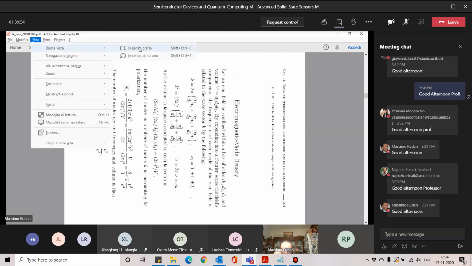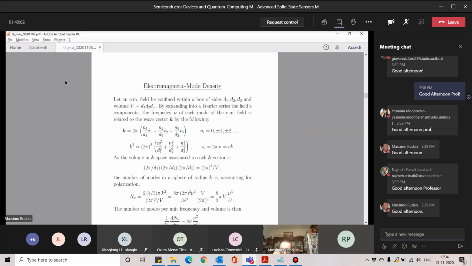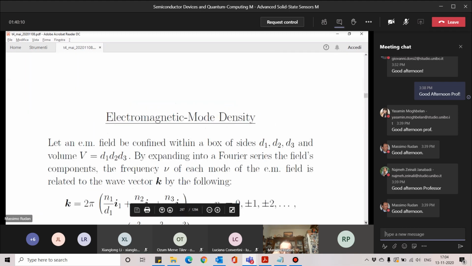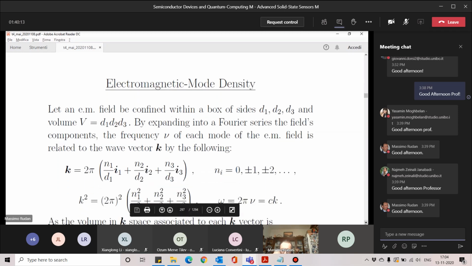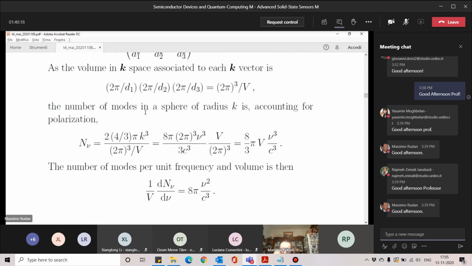One thing that we must remember is that the electromagnetic field has a polarization. So for each K vector, there are two independent polarizations. In order to find the total number, we must eventually multiply by 2. So a sphere of radius K has a volume that is 4 over 3 pi K cube.